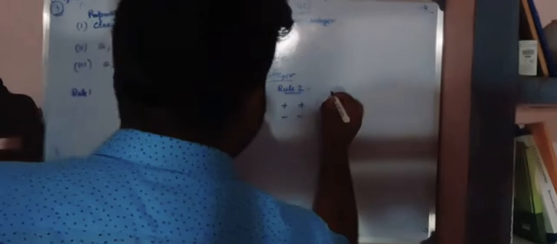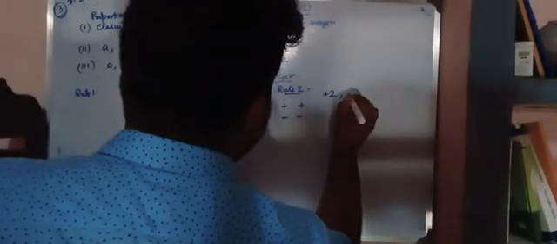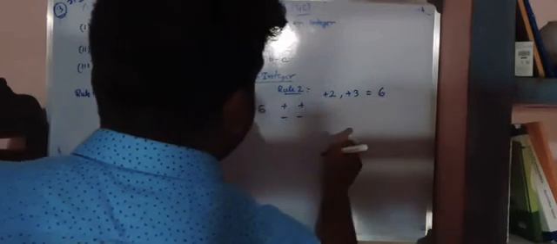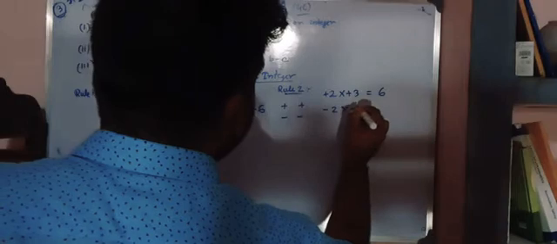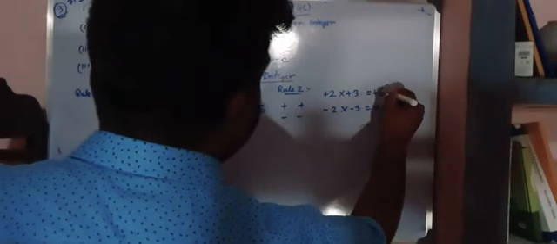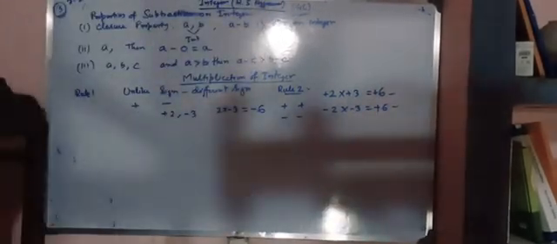Suppose we take plus 2 and plus 3; if we multiply, we get plus 6. Or minus 2 into minus 3: minus into minus is always plus, and 3 into 2 is 6. Both come to plus 6. Understood? So that is the rule.